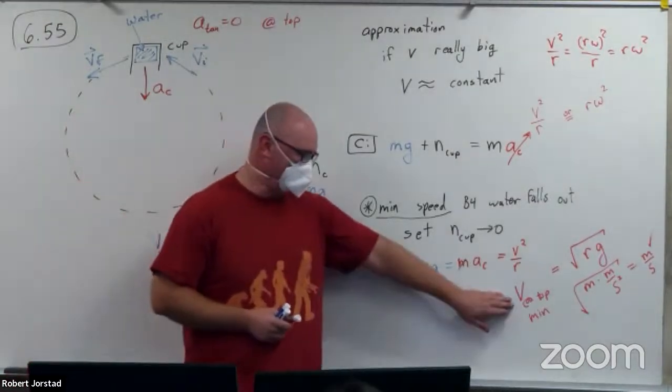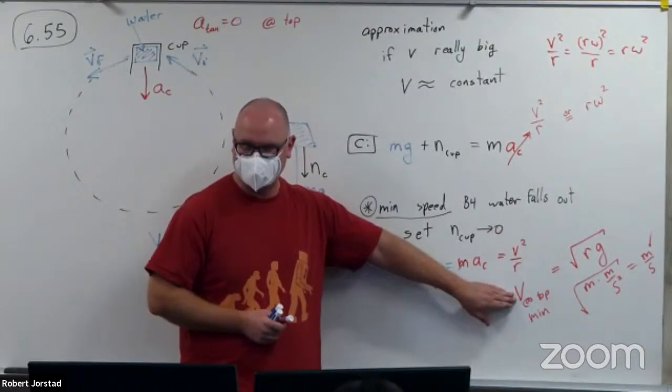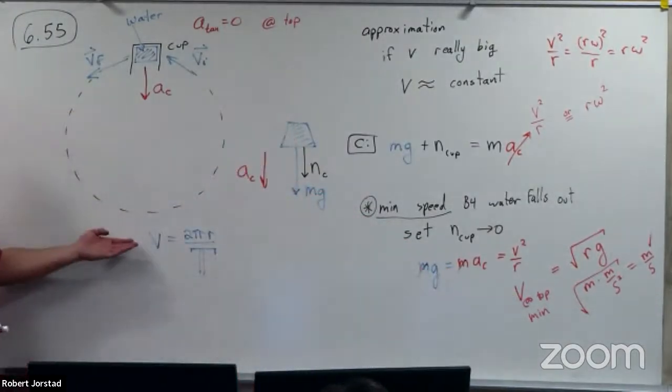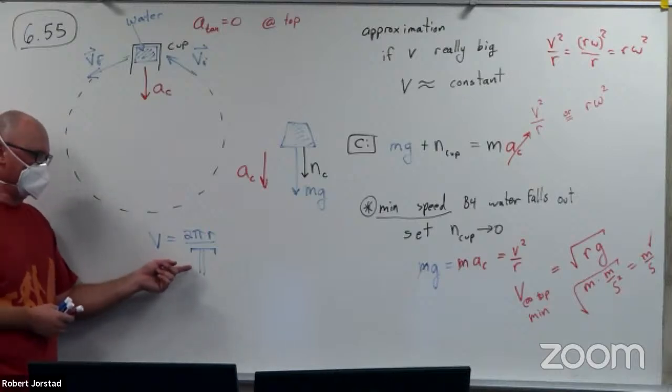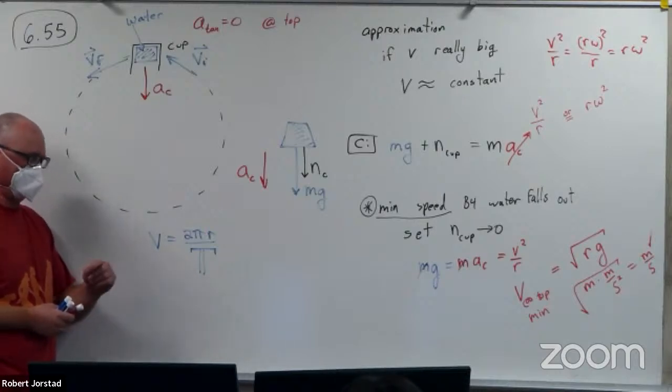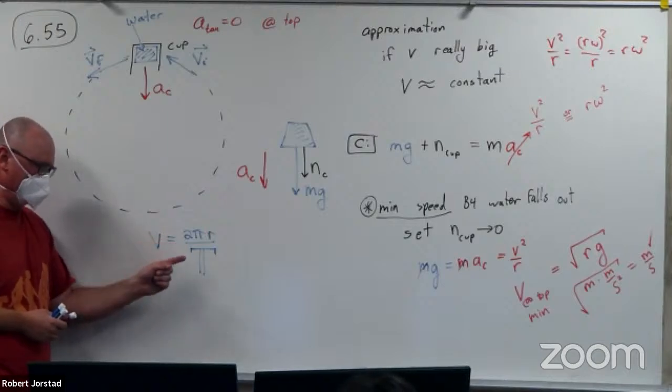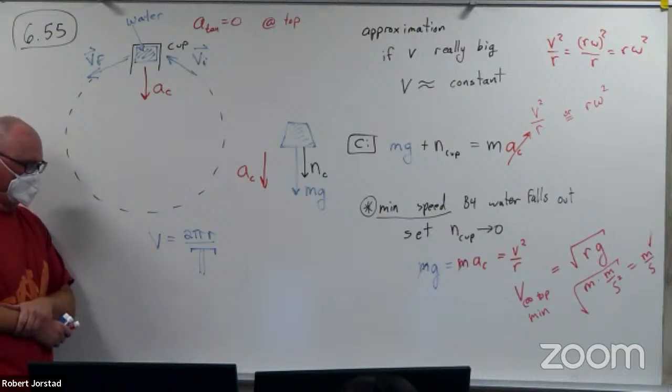If we have a minimum velocity, this is our equation for period. Is the period going to be a minimum or a maximum? If we have a minimum velocity, does that correspond to a minimum or a maximum period? Let's think about it this way.